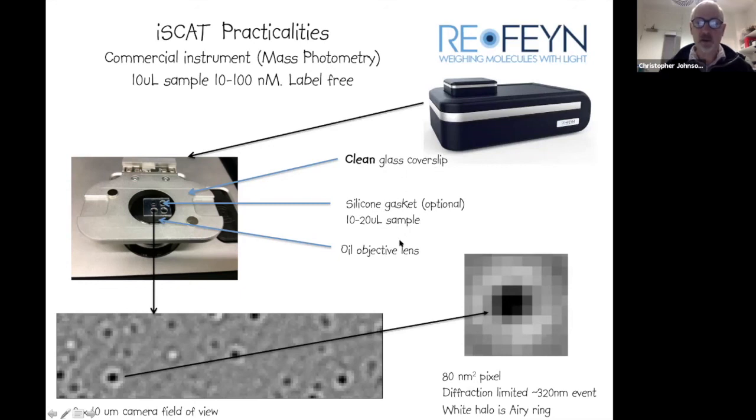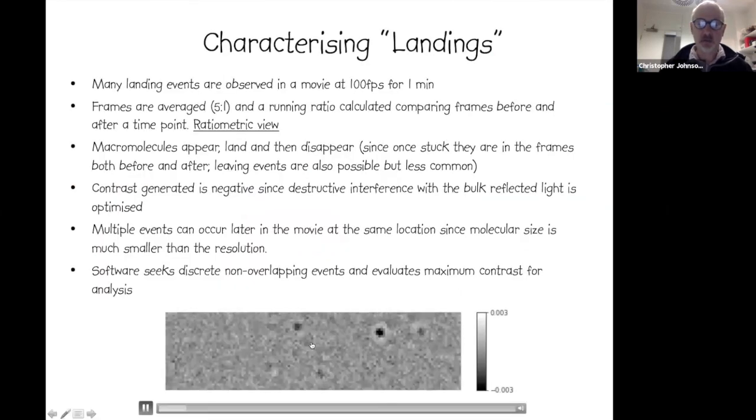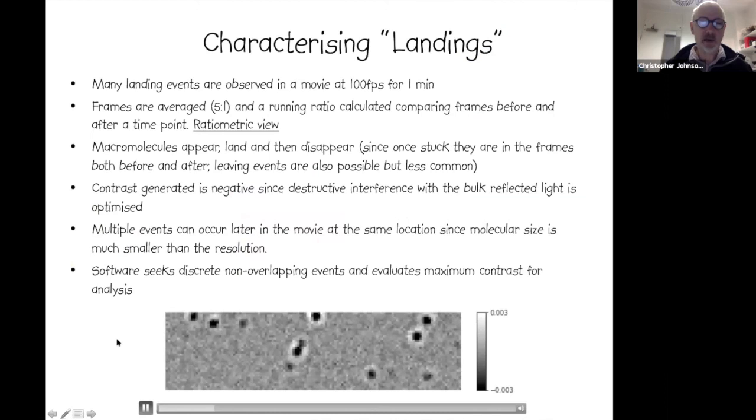That works well. And then there's an oil objective lens that comes up underneath and collects the data when the laser is turned on. And we end up with this series of landing events within the field of view. And I think here this is an actual movie coming from a data acquisition.